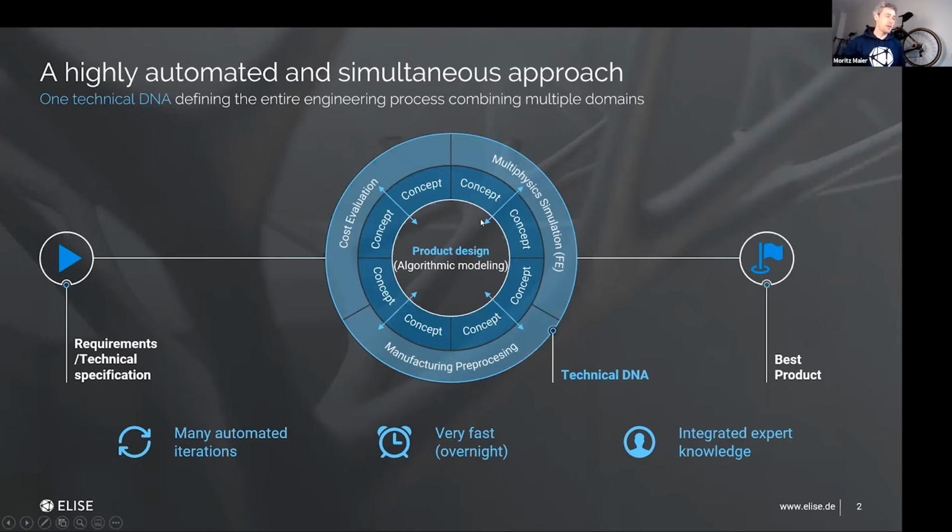So we have to think about a universal language for product development that is able to connect the cost evaluation, the multi-physics simulation, the CAD construction, the product design itself, but also the functions and the requirements that come from a higher level approach, and directly and automatically generate a final part of it. So this would be a very nice situation in the future.